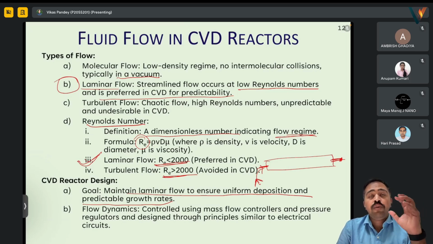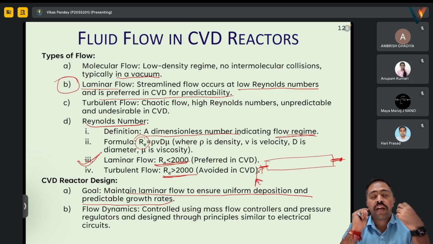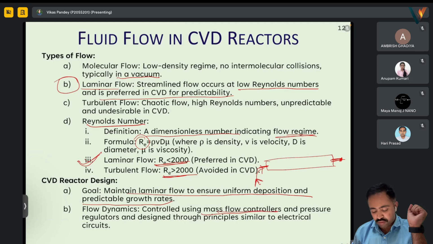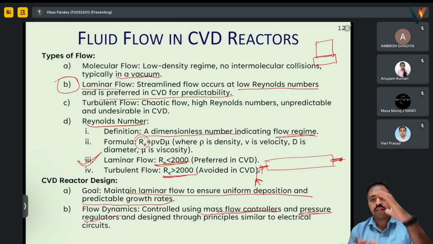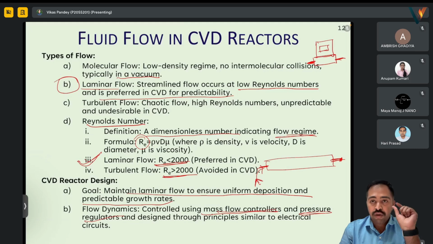So how do we ensure that this flow is uniform and every time we are maintaining the same flow? This is done using mass flow controllers and pressure regulators. Mass flow controllers are simple devices, small in size, where we have an inlet and outlet, and we set the flow rate that we want according to the gas.